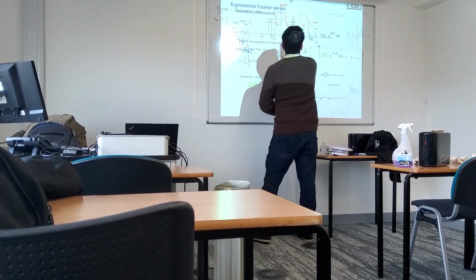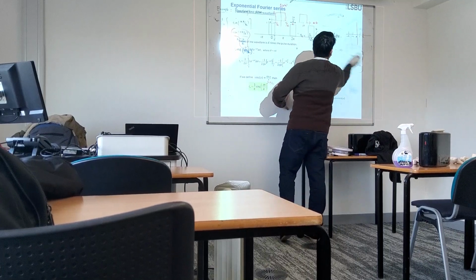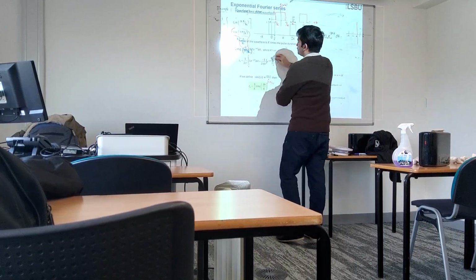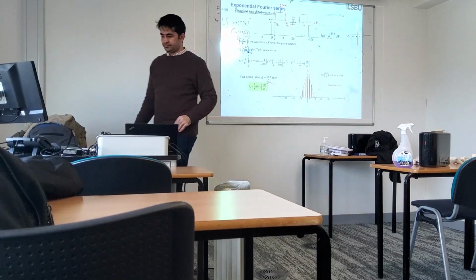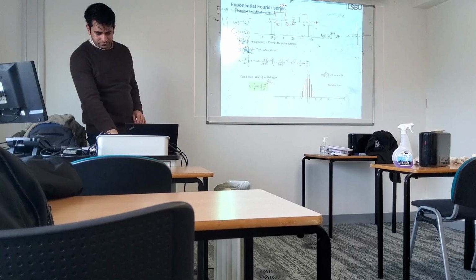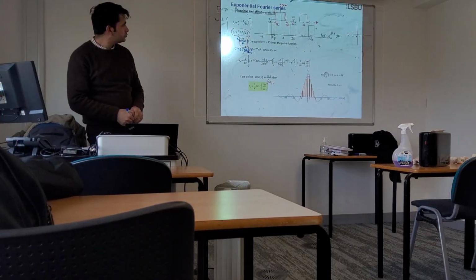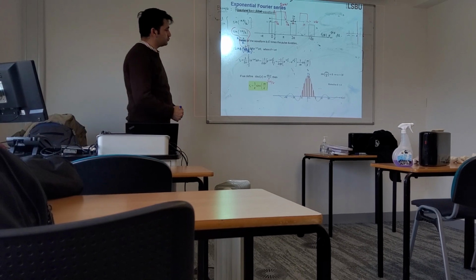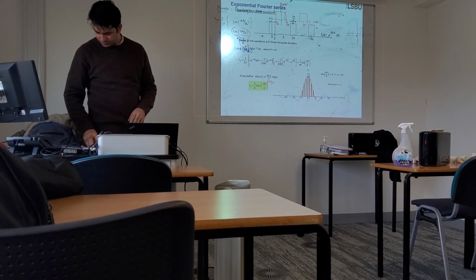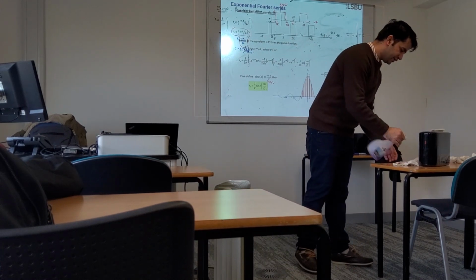Just replace 0 and keep it divided by k. Come on, just replace 0. Find the value for R naught.